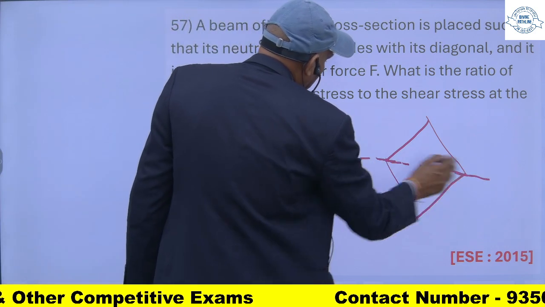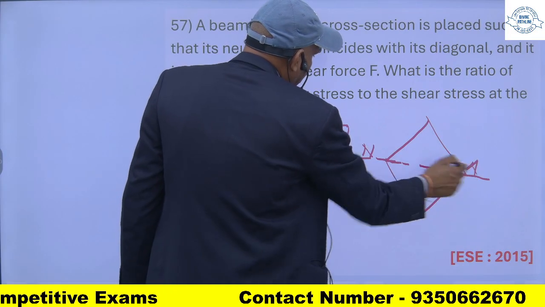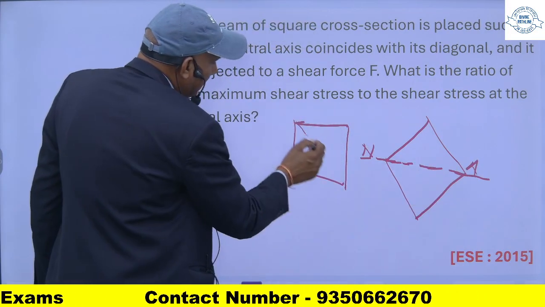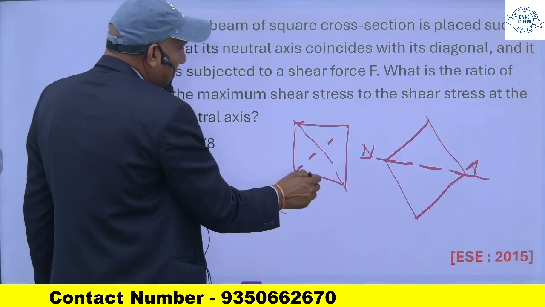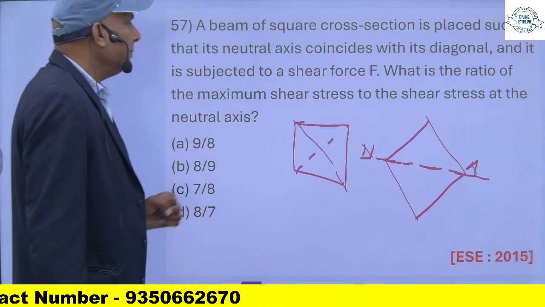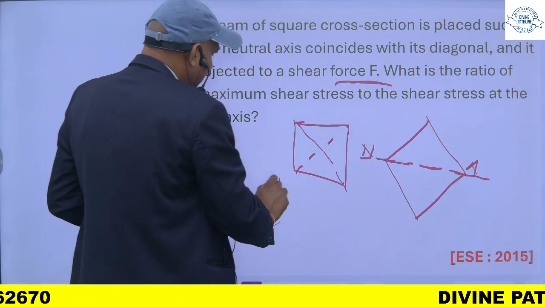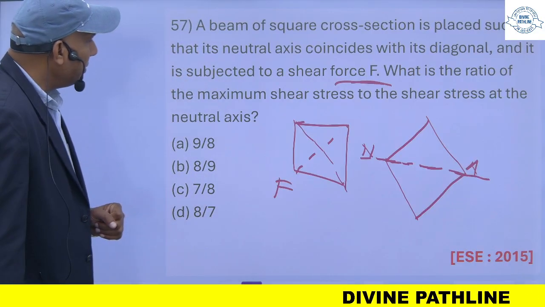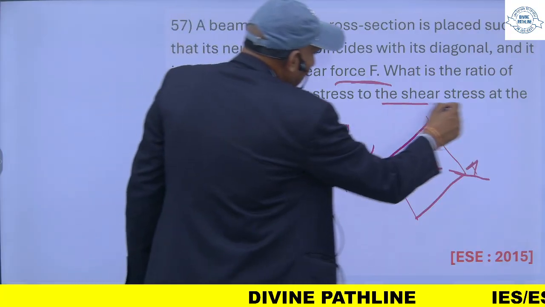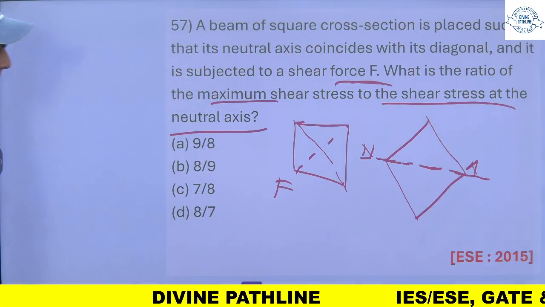Now, this neutral axis coincides with the diagonal. So these are the diagonals. So if you rotate it, you will get this one. It is subjected to a shear force F. So shear force is F. What is the ratio of the maximum shear stress to the shear stress at the neutral axis?